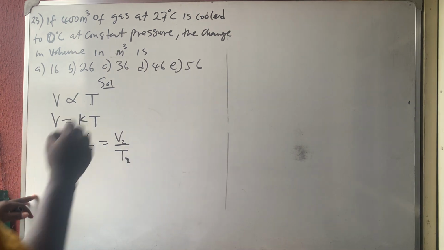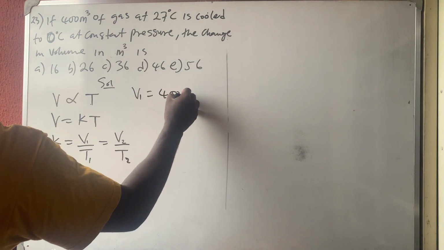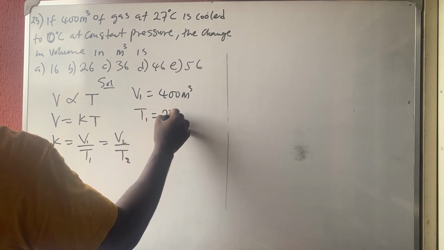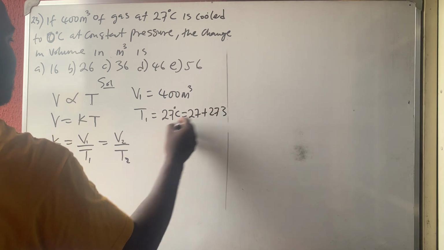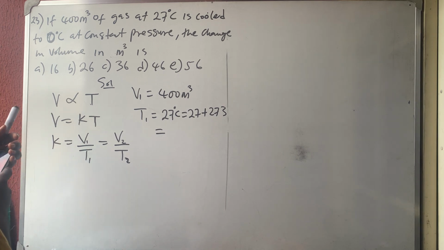Okay. So my V1 they gave me is 400 meter cube. My T1 they gave me is 27 degrees Celsius, which is 27 plus 273.